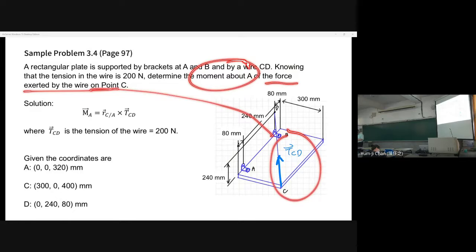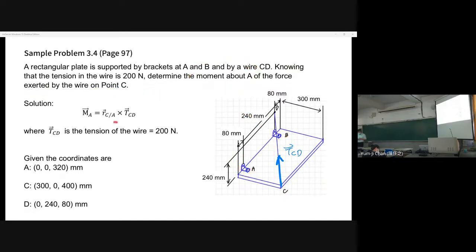From where to where? The moment about A, A is here. Where is the force acting? The force is acting on point C. So where is the moment arm? Moment arm is AC or RCA, okay?